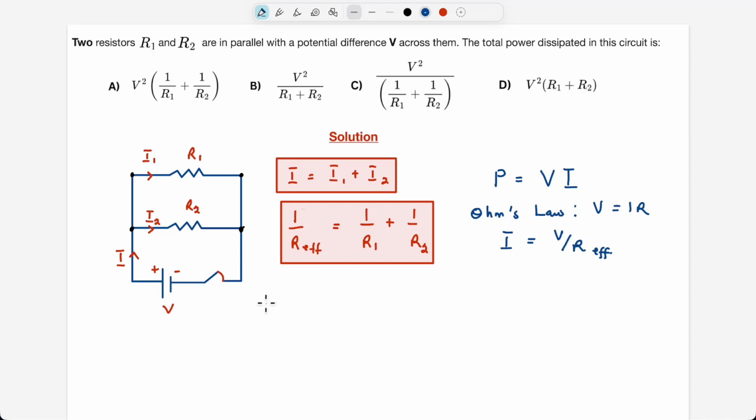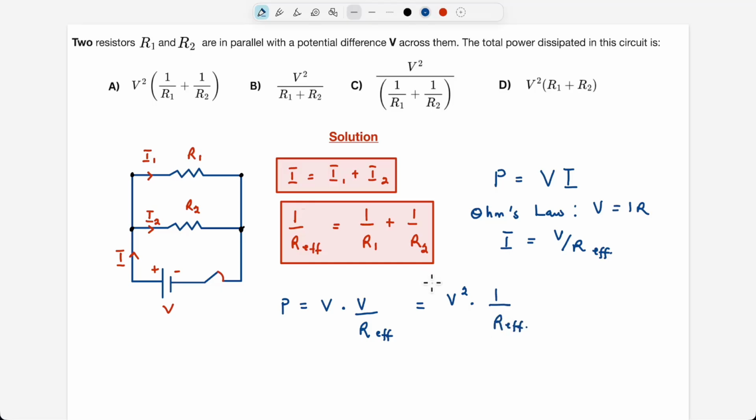So we are going to have the power is equal to the potential difference across the two resistors, V, times I, but in this case, we replace it with V over R effective. Now we can simplify this further. So V times V is V squared, and then times 1 over R effective.